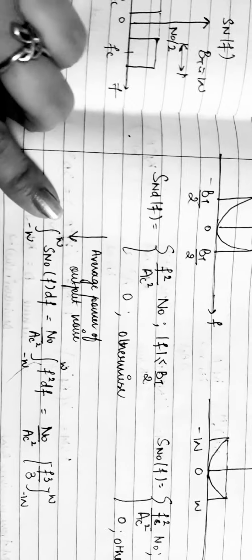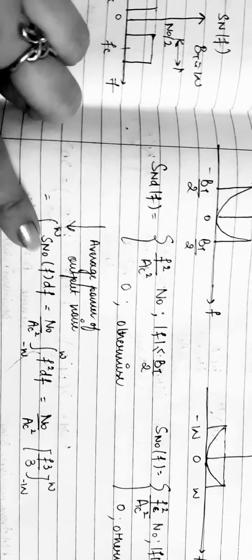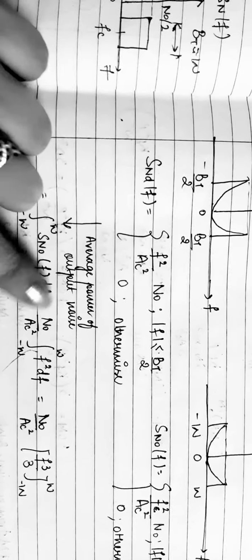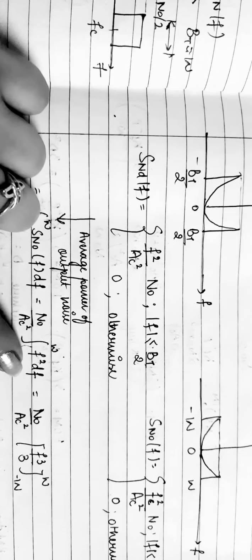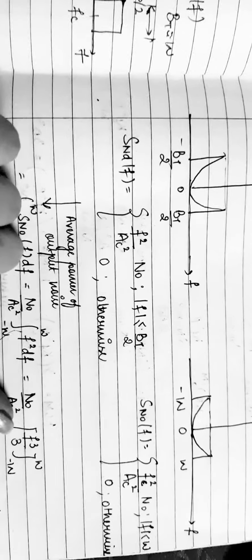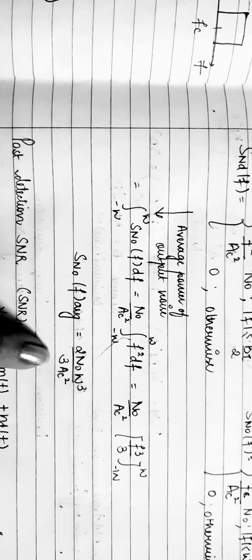The average power of output noise will be equal to the integration from -W to W of S_ND(f) df, which is equal to N naught upon A_C square, integrating from -W to W of f square df. Taking N naught upon A_C square out and putting in the limits, we get f cube upon 3 from -W to W, and we get the output, that is, the average noise power will be equal to twice N naught W cube upon 3 A_C square.